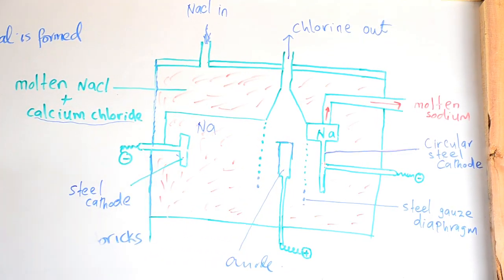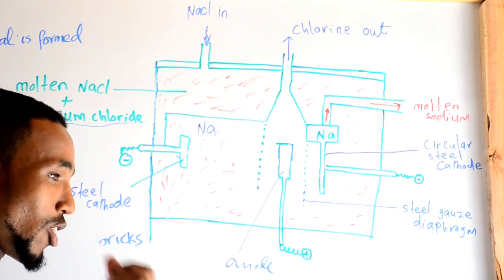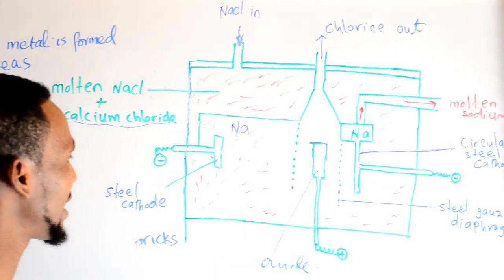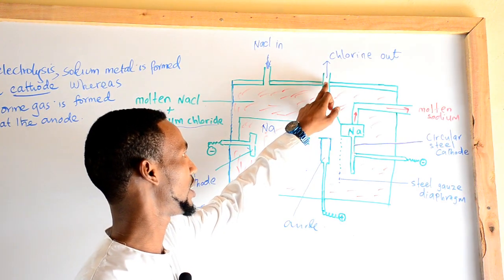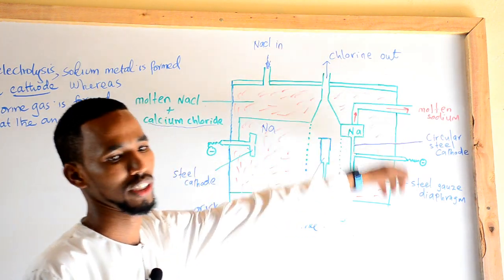And then chlorine gas is formed at the anode. So this is now the chlorine gas out.